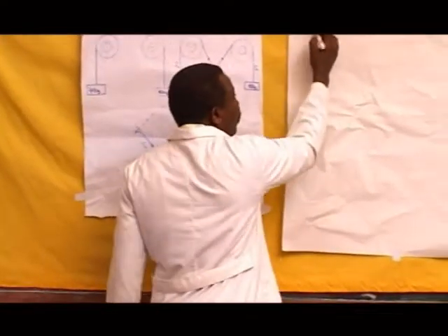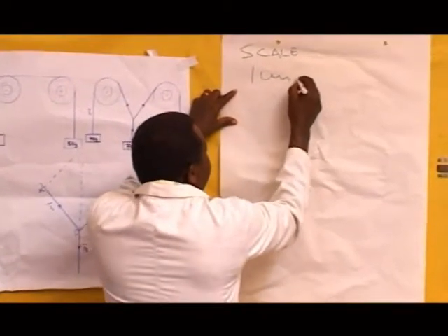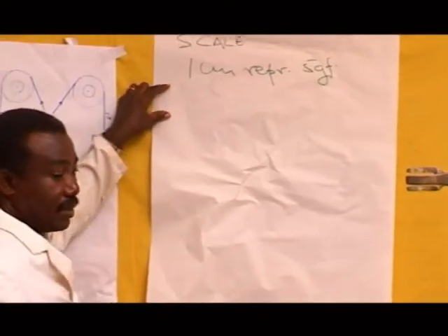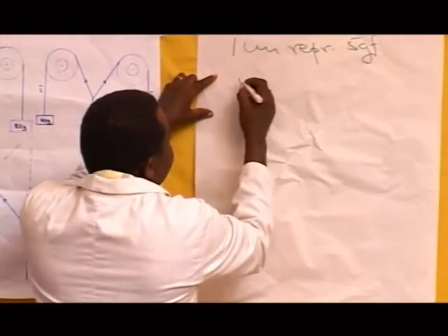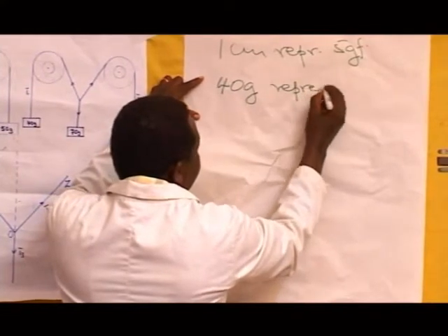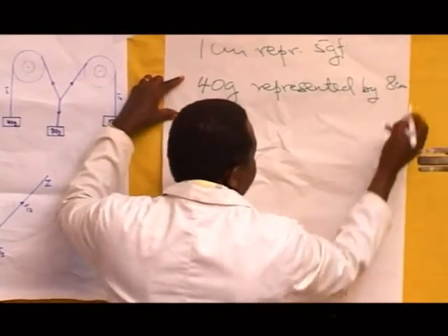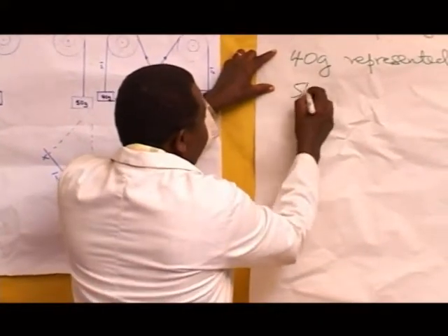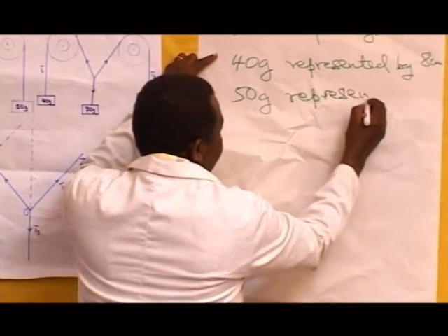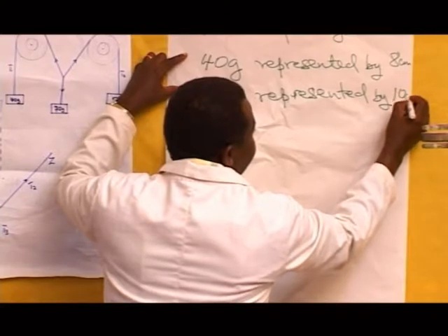From the scale used, which was 1 centimeter to represent 5 grams, we found that 40 grams was represented by 8 centimeters, and 50 grams represented by 10 centimeters.